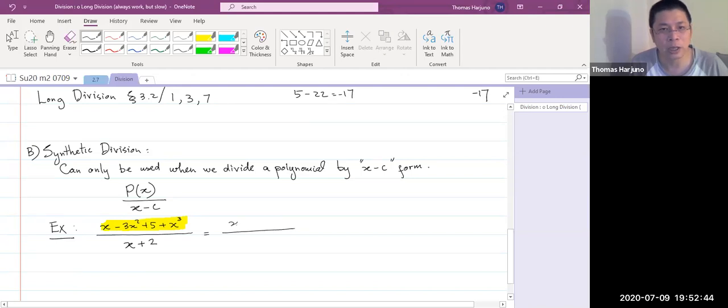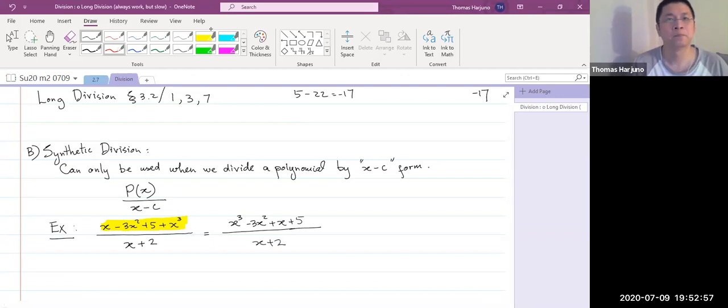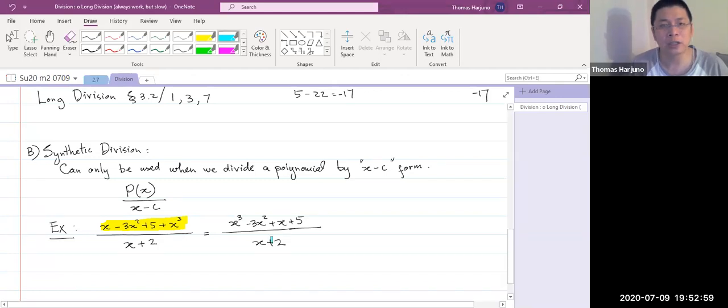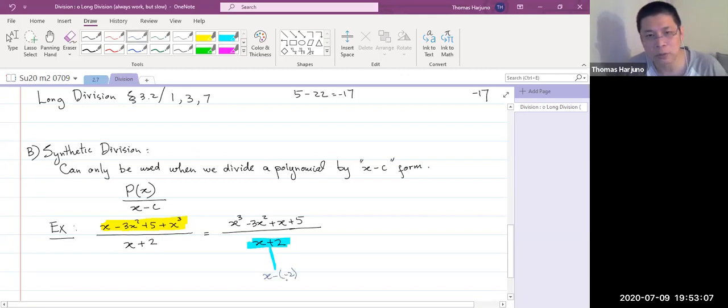So this is x cubed minus 3x squared plus x plus 5 divided by x plus 2. Now that x plus 2, this is the same as saying x minus negative 2.